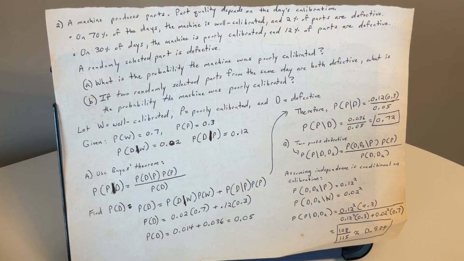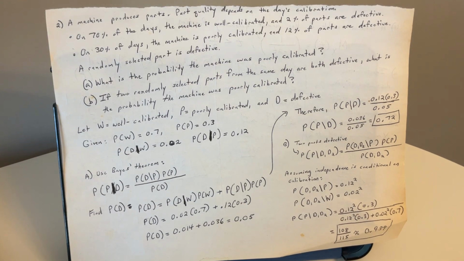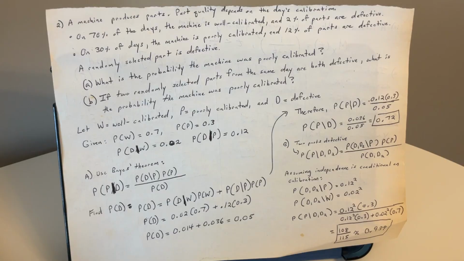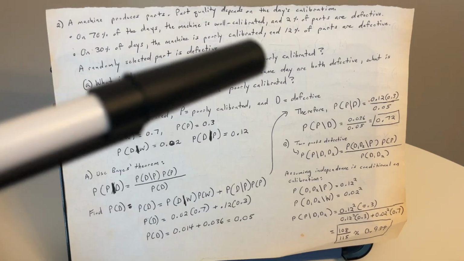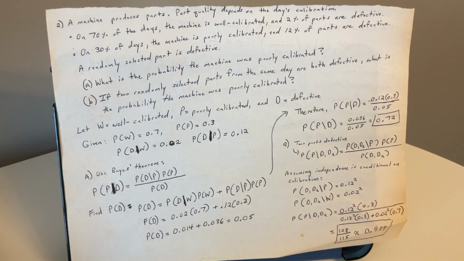So for part A, this is Bayes' theorem. We're going to find P of D. We're going to use this formula here to find P of D, substituting the quantities we know, and we're going to get 1/20, or 0.05. Therefore, the probability of P given D is 0.12 times 0.3 over 0.05.